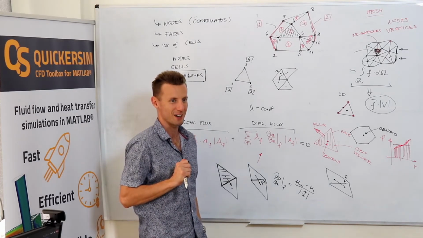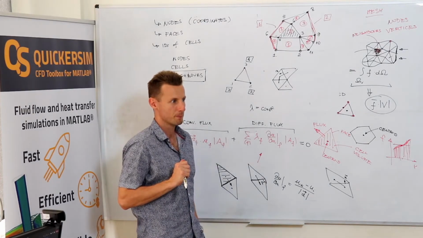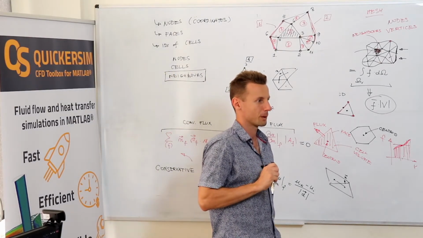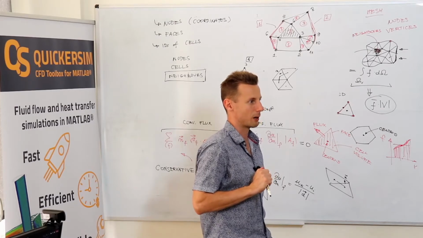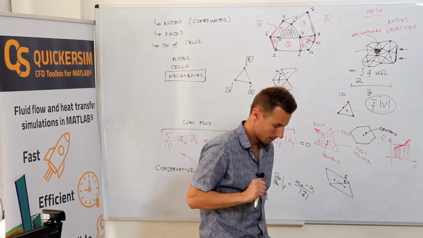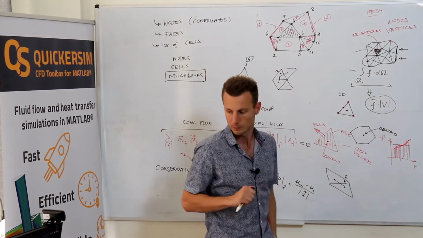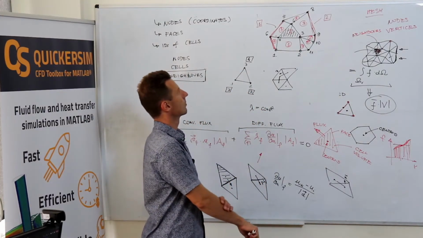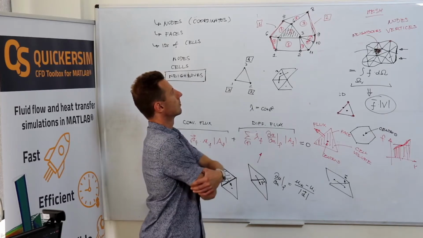Just think about counting how many times each point appears. What do you mean counting how many times? For example, in this mesh that we've drawn, point number 7 appeared 3 times in the cells.